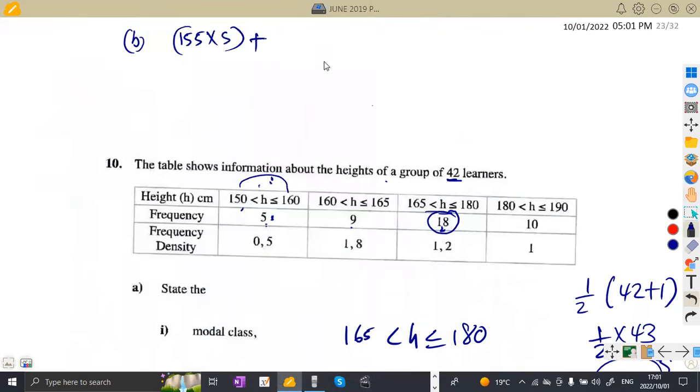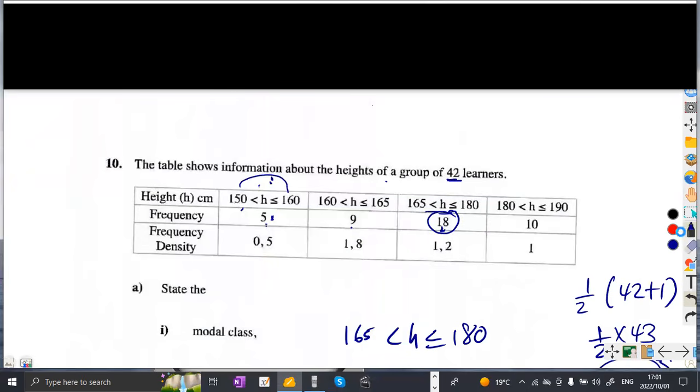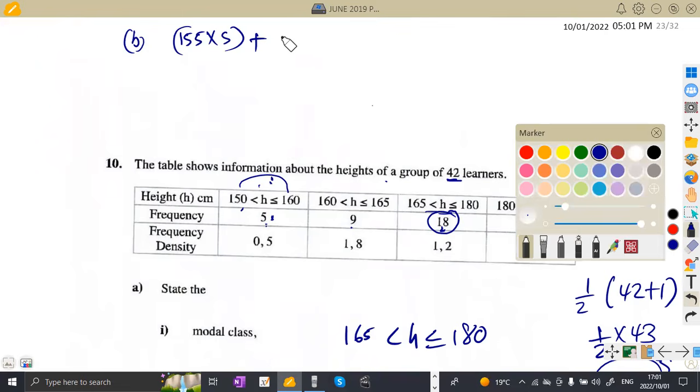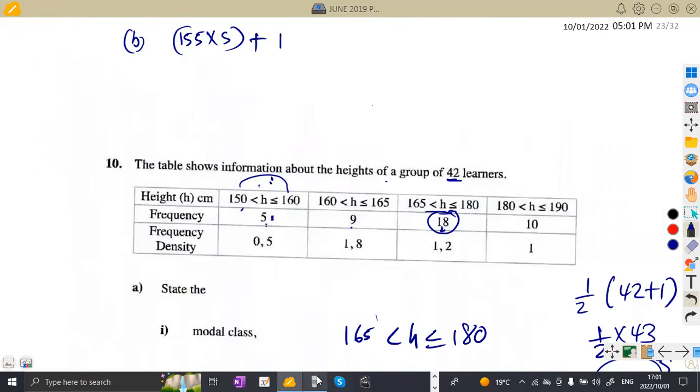Sorry, I just have to change this, so it must have to save a little bit. I just hope it's going to be fine. So it's actually 165. Okay, sorry for that. So that was 162,5. So this is 162,5 times 9 here.